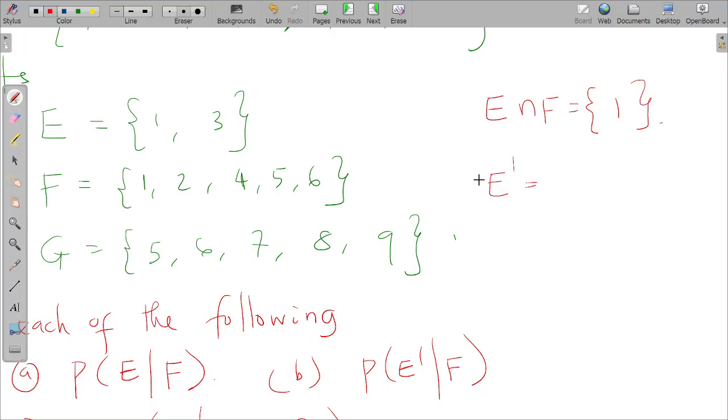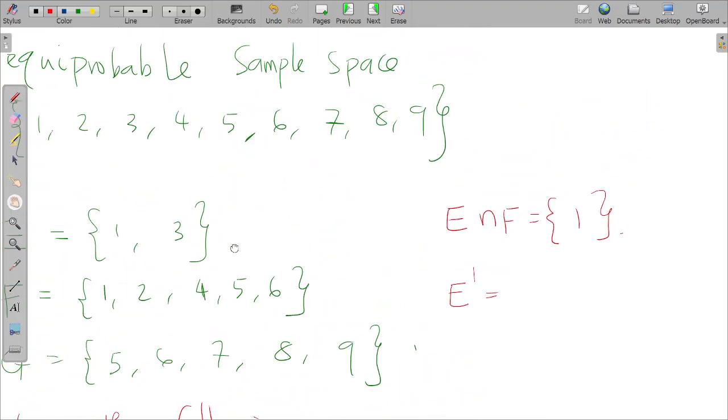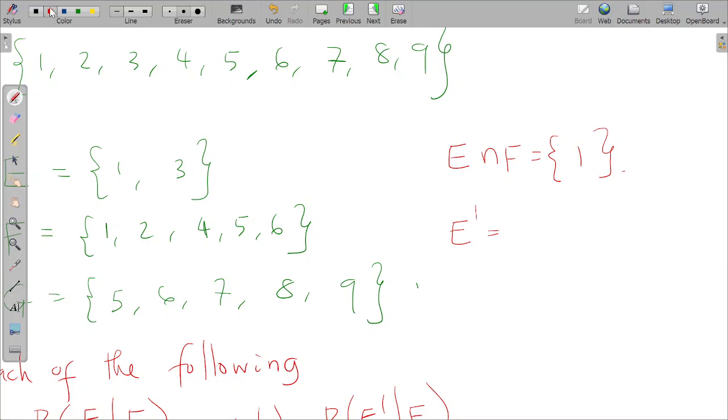E complement is everything apart from what we have in E. In E we have 1 and 3, so we omit 1 and 3. Then we have 2, 4, 5, 6, 7, 8, 9. That is E complement.